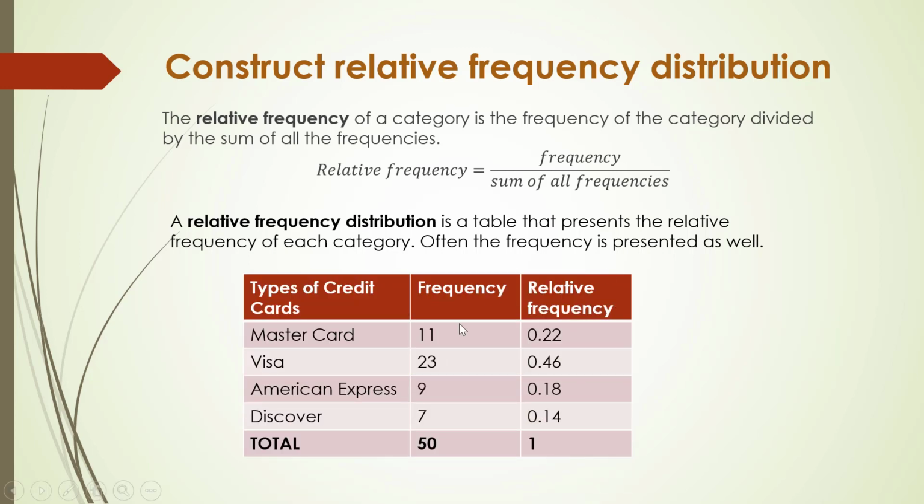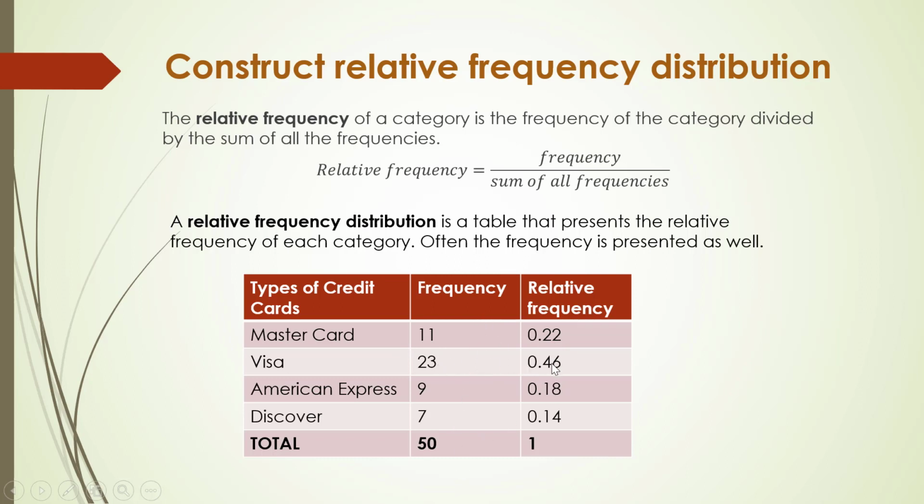So this is a relative frequency table. The first column is the name of categories, the types of credit cards. The second column is the frequency, and the relative frequency is the last column. 0.22 is 11 divided by 50. So for each category, we take its frequency divided by the total, the sum of all frequencies.